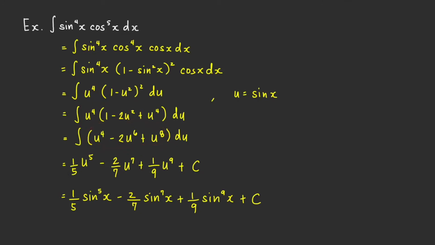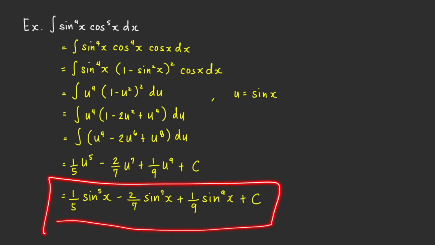Just use the ordinary power rule. You'll get 1 over 5 u raised to 5 minus 2 over 7 u raised to 7 plus 1 over 9 u raised to 9 plus c. And then don't forget to put back the u in terms of x since you're integrating with respect to x. Since u is equal to sine x, our final answer will be this expression.